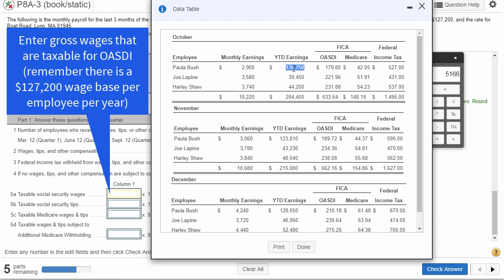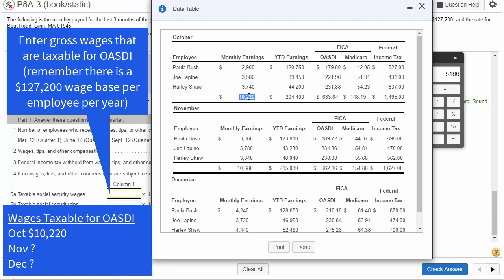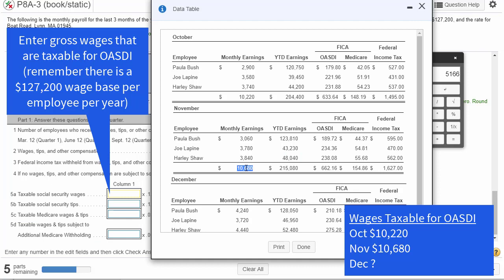Is she above the limit? No, nobody's above the limit. So all of this, $10,220, is taxable for October. Now let's look at November. How much of the $10,680 is taxable? Well, nobody is over the $127,000 limit for OASDI. So all of the $10,680 is taxable.